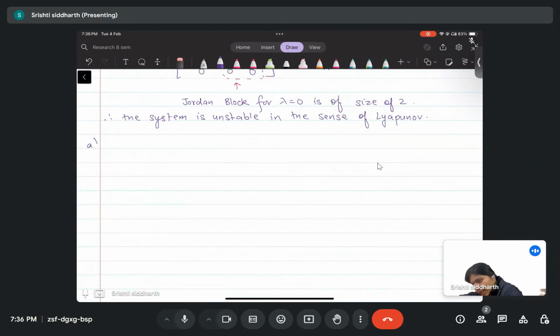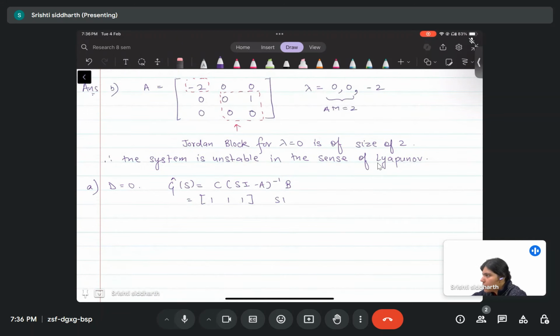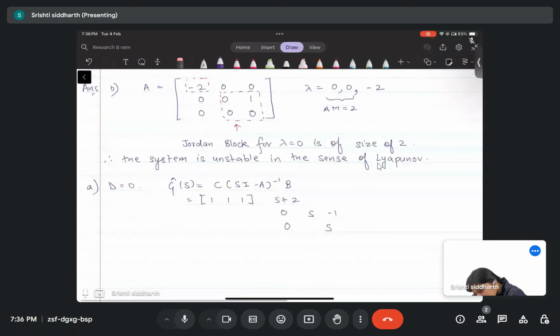So let's come back to part A. Just observe that D is 0, so G hat of s is simply C (sI minus A) inverse B. This is 1 1 1 times the inverse of the matrix with s plus 2, s, s minus 1, times B, which is 1 1 0. Again, we don't have to compute the inverse of the matrix.